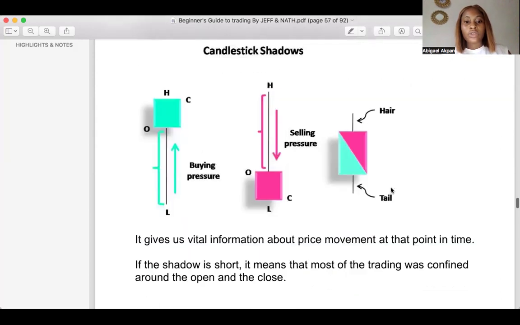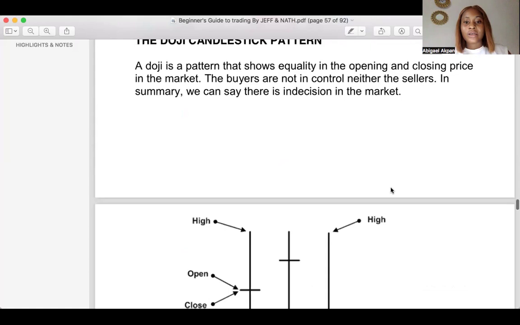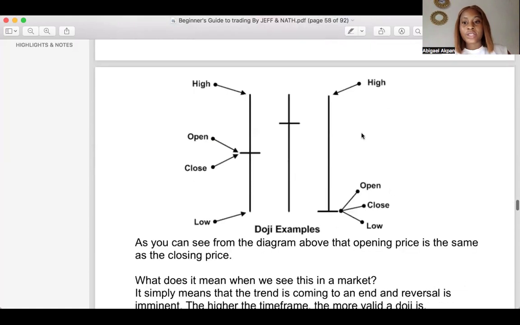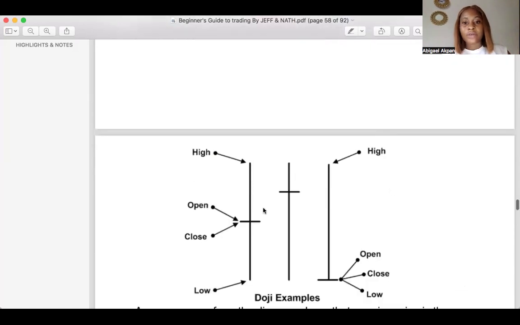We have the one we call the bullish engulfing, and this is a doji example of a candlestick. Like I was saying, a very long wick and a small body. These are doji candlesticks.